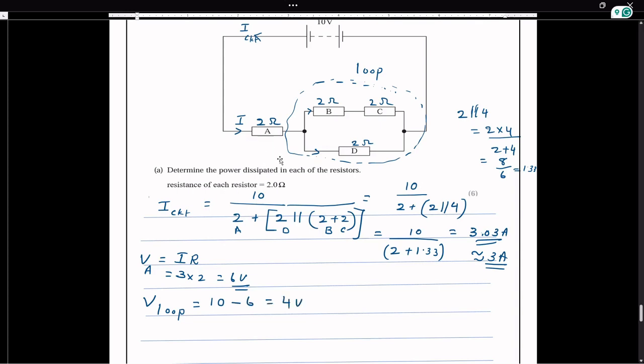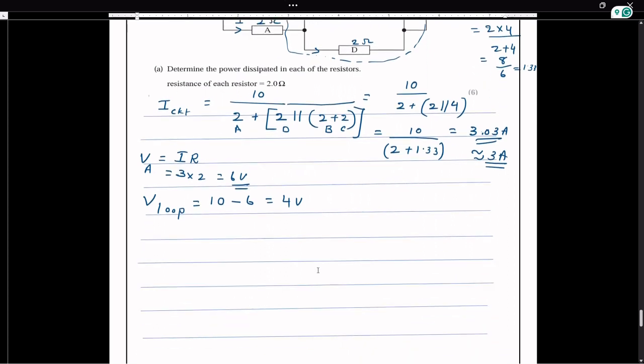The voltage of the loop is 4 volt, which means the voltage of each branch. Therefore, the voltage of branch resistor D is 4 volt. Then voltage of B or voltage of C is half of this, 2 volt.